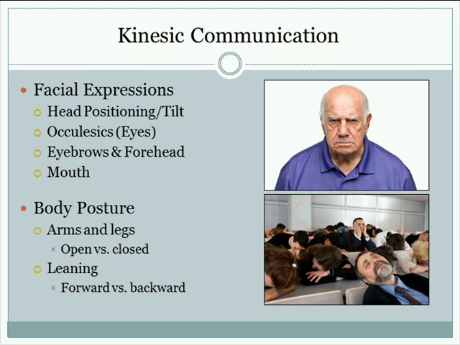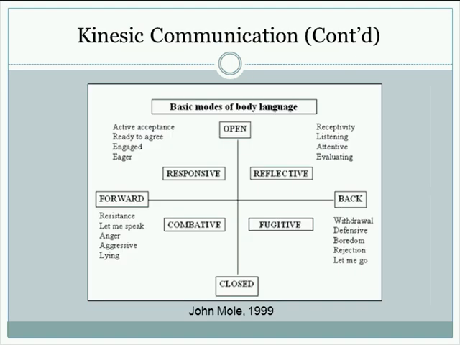We're going to talk about 2 different forms of body posture, and one has to do with arms and legs, whether they're open or closed, versus leaning forward and backward. So if a person's leaning forward or backward, these all mean something. John Moll is a consultant on communication and team building, and he's broken down body language using the open and closed and the forward and back factors.